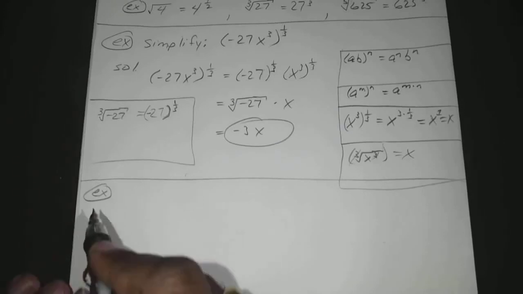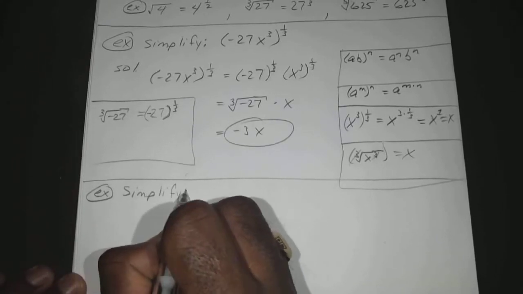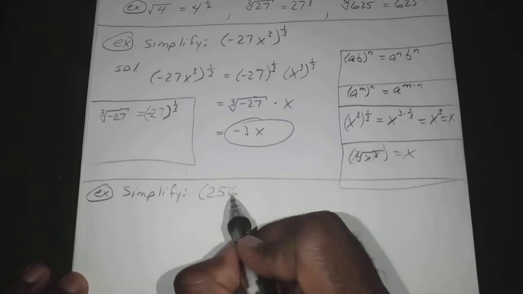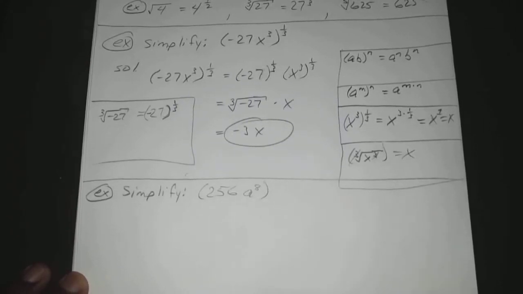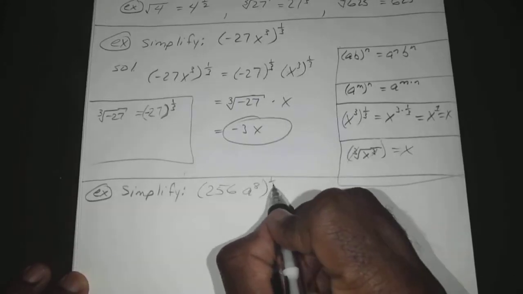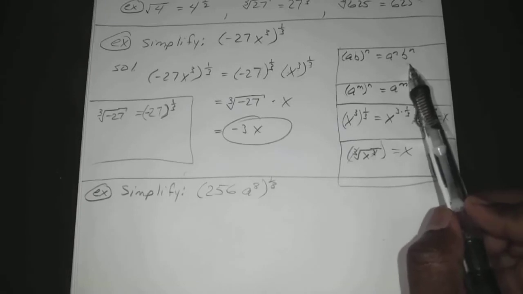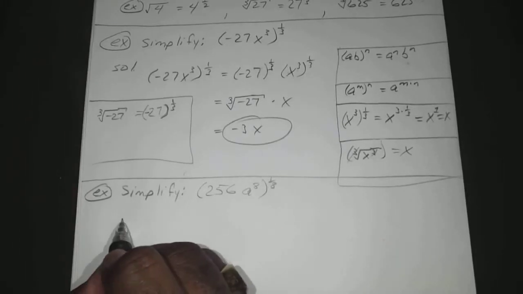Okay, so what if we wanted to simplify 256 times a to the 8th power, and we raise that to the 1/8 power? We use the exact same rules for that one. We use this rule here because we're just going to distribute our exponent.